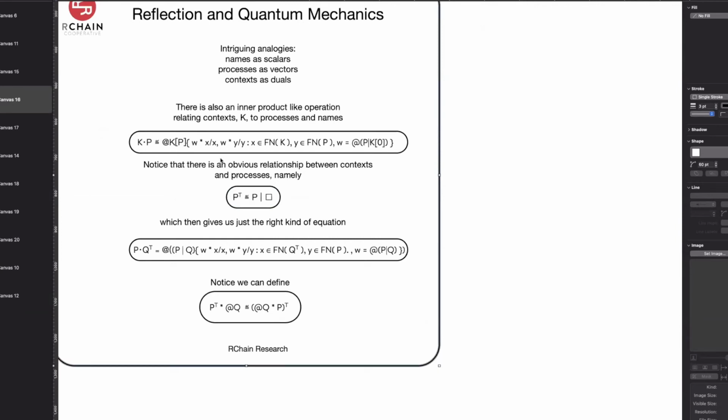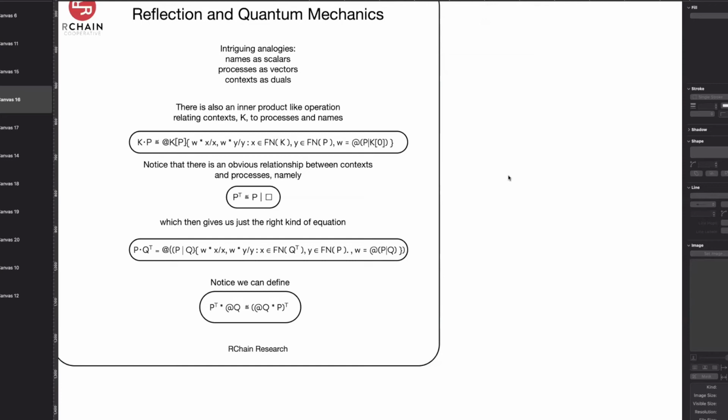If we think of the free names as somehow giving us a notion of location, right? So in the pi calculus, you don't have a way to compare locations, right? It's just a big flat space, right? But once names have structure, then obviously you can compare locations.